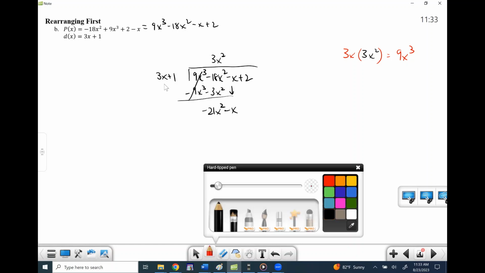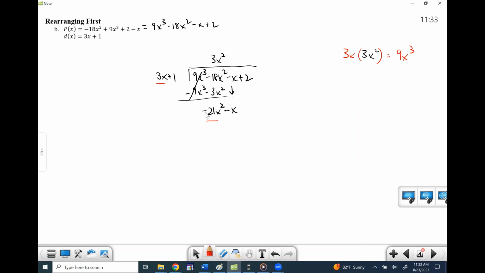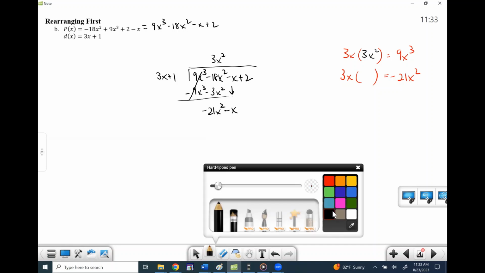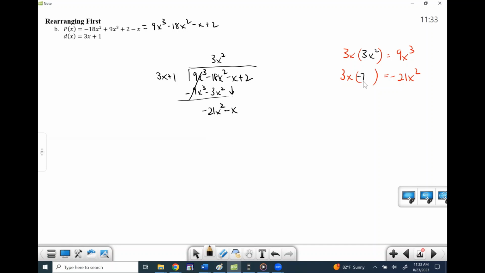Look at the fronts. So we're saying 3x times what gets you negative 21x squared? So let's see, it looks like we're going to need a negative 7 to make the negative 21 and 1 more x to get 2 x's.